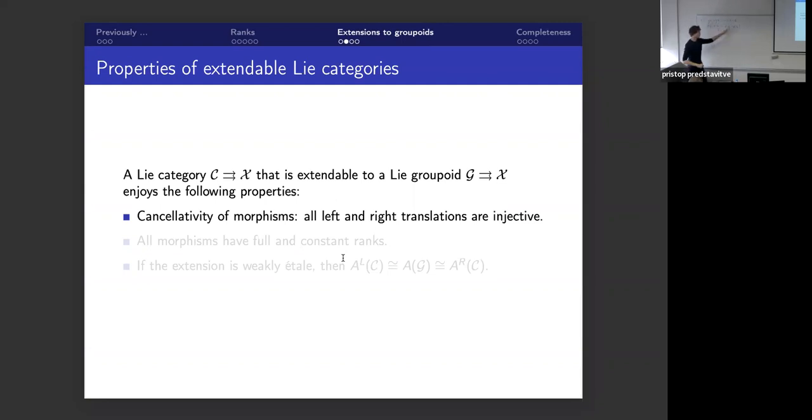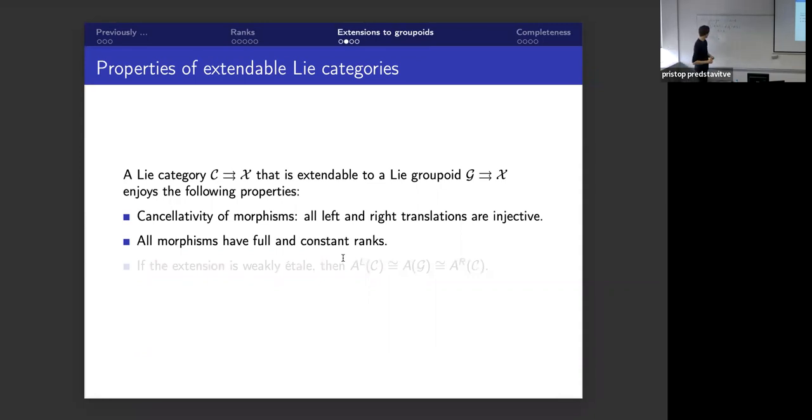Notice no smooth structure was needed. Everything is basically some categorical algebra, if you will. For the second one, this is the one that Jure has inquired about. All morphisms have full and constant rank. How do we prove this? Well, basically what we wanted to show is that this map is an isomorphism whenever g and h are composable, of course, right?